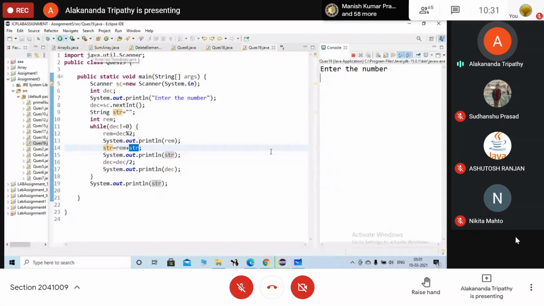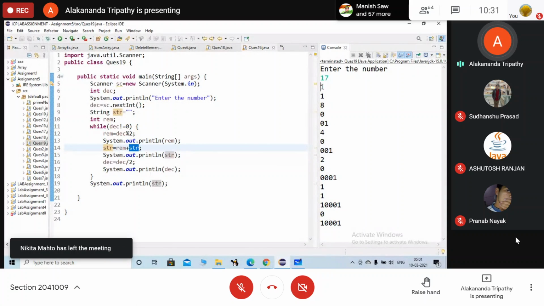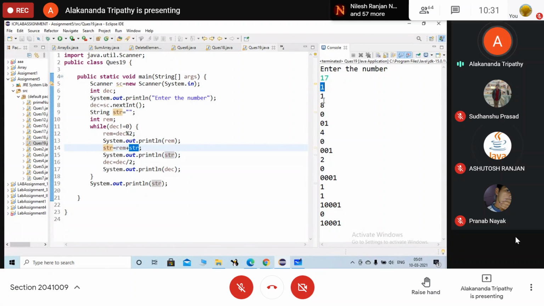Take another number. Let here take 17. पता चलेगा कैसे append हो रहा है. देखो 17 में रिमाइंडर कितना आया? What is the remainder here? 1. So तुम्हारा str में कितना आ गया? 1 आ गया. हाँ, 17 by 2 it is 8. So 8 को डिवाइड करोगे तो रिमाइंडर कितना आ गया? 0 आ गया. देखो 0 कहाँ पर अपेंड हुआ है?